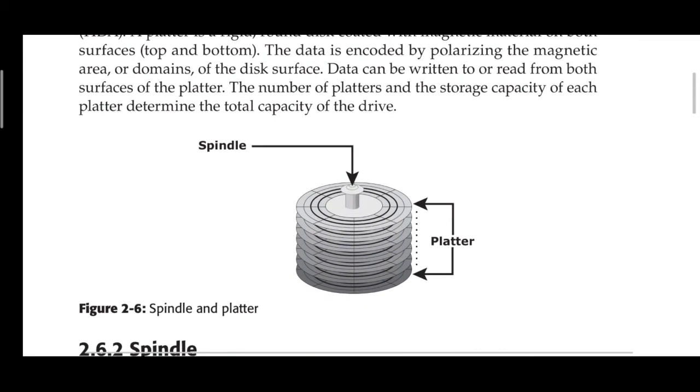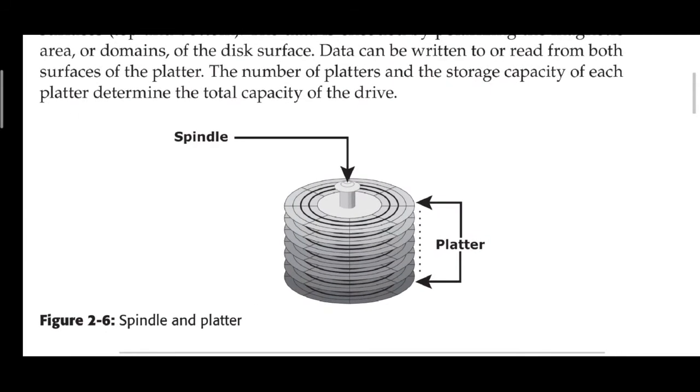You can see the platter here, spindle and platter. Spindle is the one which causes the rotation, which is there at the center position. As the spindle rotates, the platters rotate. As the platter rotates, different surfaces of the hard disk will fall under the read write head. So corresponding data can be recognized or data can be stored in the corresponding place.